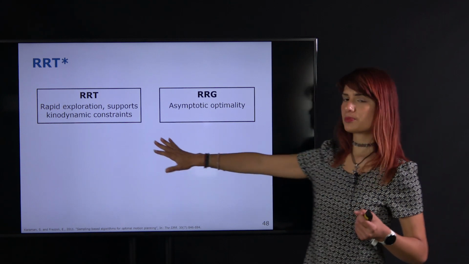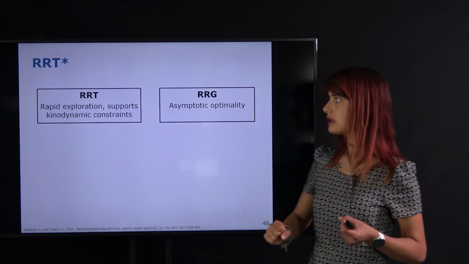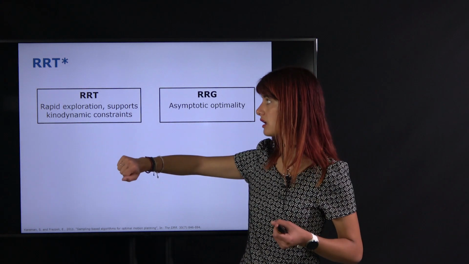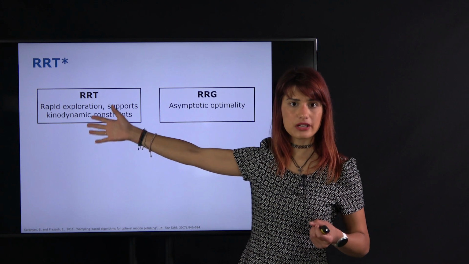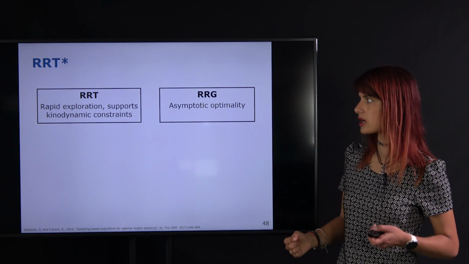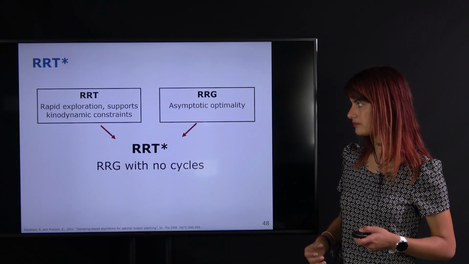Wouldn't it be nice if we could put these two ideas together? So if we have one algorithm that on one hand supported our real robot dynamics and would also give us rapid exploration, but also gave us asymptotic optimality. And this is where a new approach called the RRT star comes in.